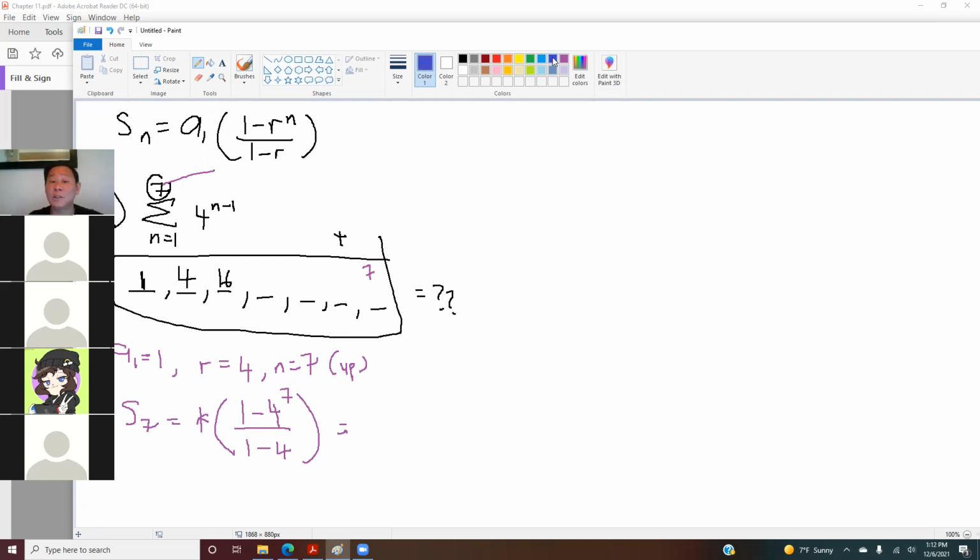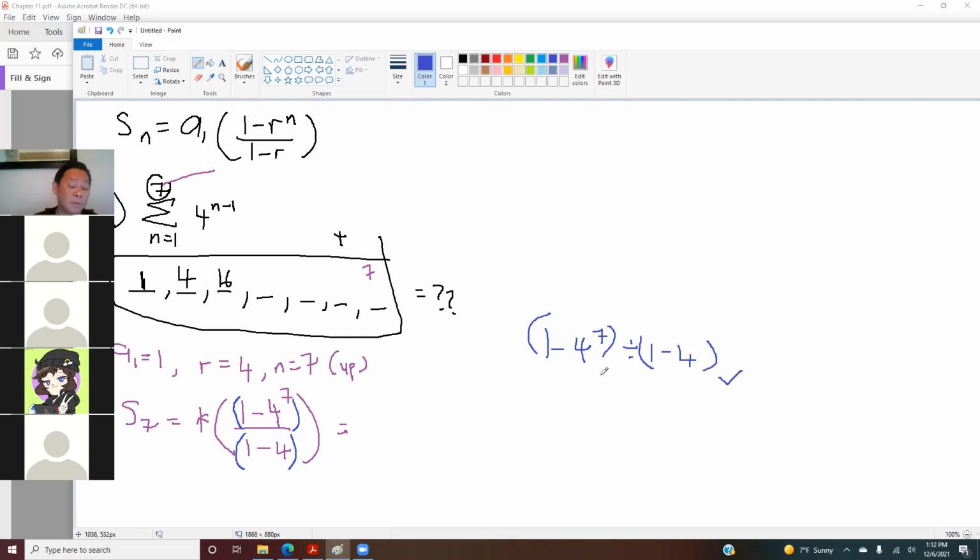Again, class, when you do this in your calculator, you need extra parentheses here because your calculator will follow order of operations. So if you just type 1 minus 4 to the power of 7 divided by 1 minus 4, you will get a totally different answer than if you put them in parentheses.